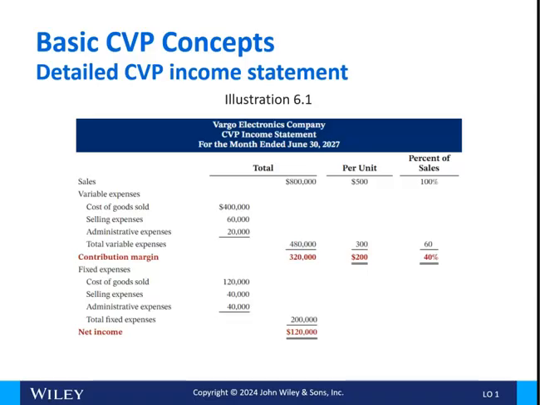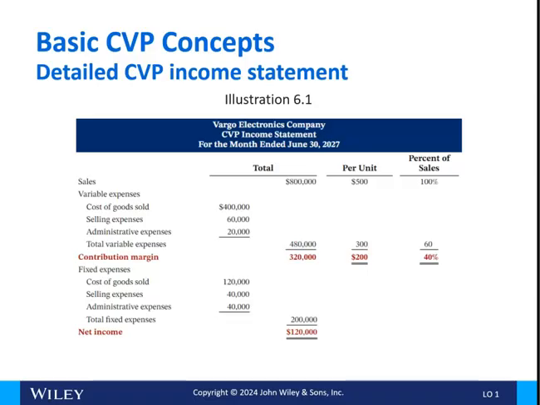Then we list our fixed costs, which could also be some manufacturing or cost of goods sold expenses, typically things that are in manufacturing overhead. Selling expenses and administrative are more fixed salaries and that type of thing, so it doesn't vary directly with the change in volume.